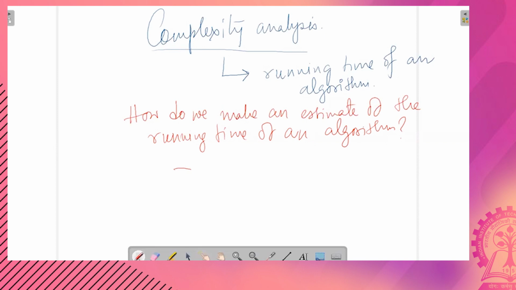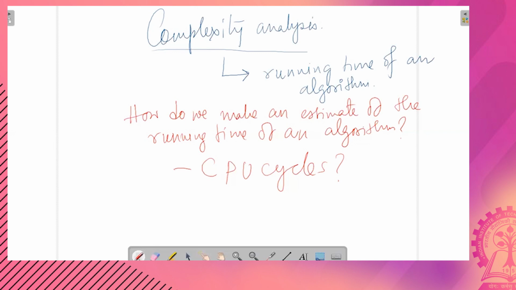One answer could be to measure the CPU cycles. Now the question is whether this is a correct measure. This immediately does not look correct because CPU power may vary across computers.